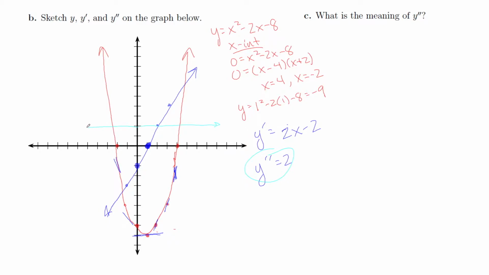Now, understand that this is just the derivative of this, okay? So this thing should represent the tangent slope at various points on this graph. But look at this graph. This graph is a line. So the tangent slopes everywhere are the same, right?